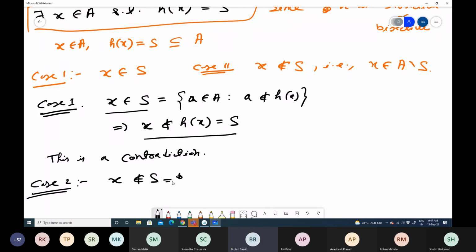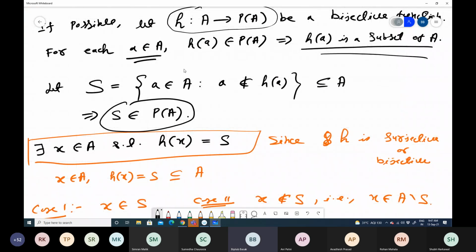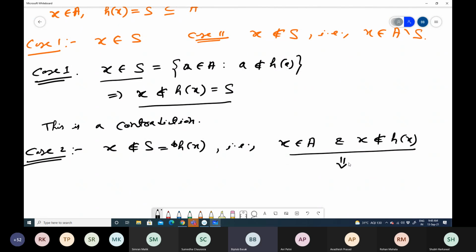S equals H(x). So x belongs to A and x does not belong to H(x). Now see the definition of S. S is the collection of all the elements of A such that a is not in H(a). Since x follows that property, that is x belongs to A and x not in H(x), therefore x is in S. So again we have a contradiction.